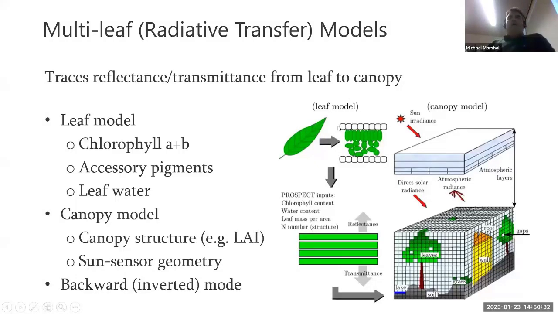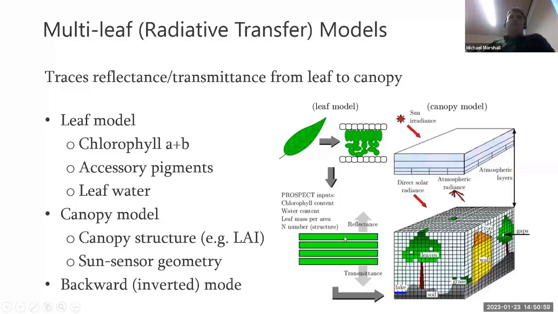Basically, the leaf model takes into account the biochemical processes involved in photosynthesis. So chlorophyll absorbing light to make sugars, these kinds of processes. It also accounts for accessory pigments, which I get into briefly in a subsequent slide, leaf water, these kinds of factors.